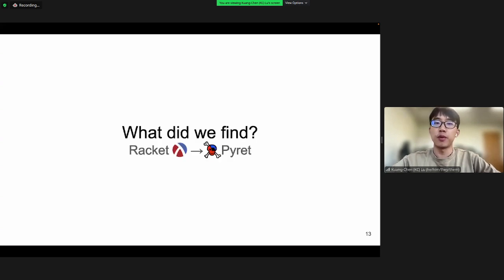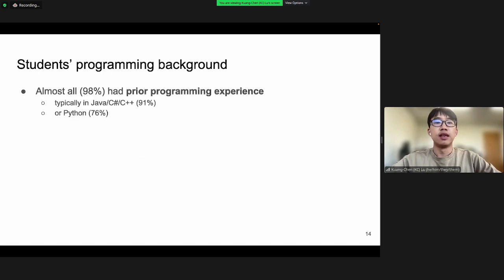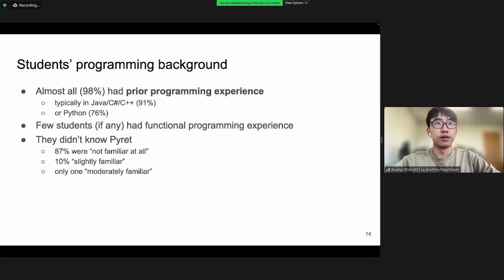First, let's look at what we found when students saw Pyret after having worked with Racket. Most students in this study have programming background. Their background is mostly in Java, C#, C++, or Python. Few students, if any, had functional programming experience. And these students are not familiar with Pyret, the second language. 87% of students are not familiar with Pyret at all.